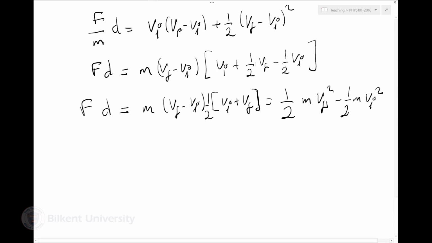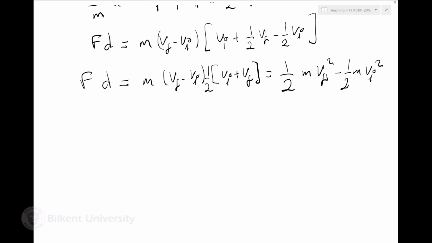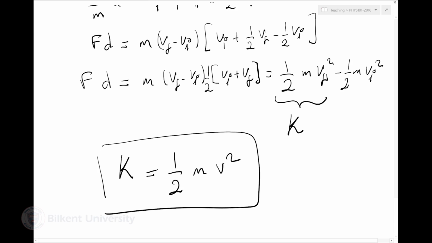So here's the thing. This is a very simple calculation, but I'll jump ahead. I'll define this as a new mechanical concept. I'll call this kinetic energy. So the kinetic energy of any mass moving with velocity v is 1/2 m v squared.